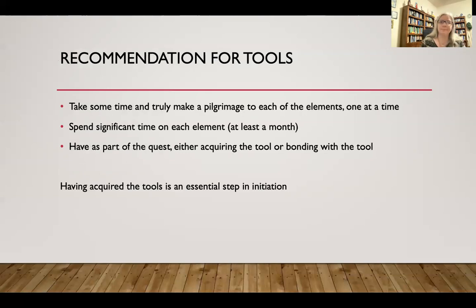So a few recommendations for tools: take some time and truly make a pilgrimage to each one of the elements one at a time. I would recommend spending a significant amount of time on each element. Like, this is the month, or the season, in which I am working on connecting to fire.